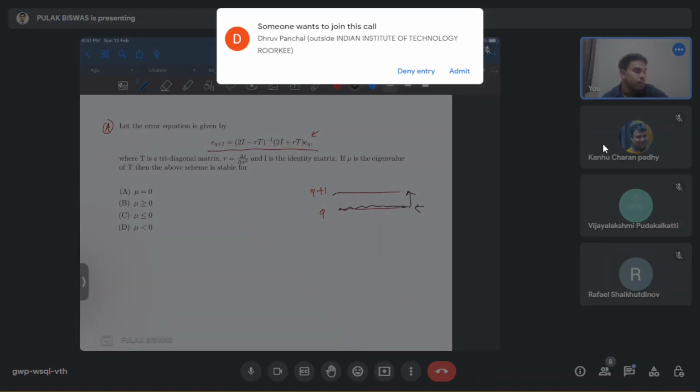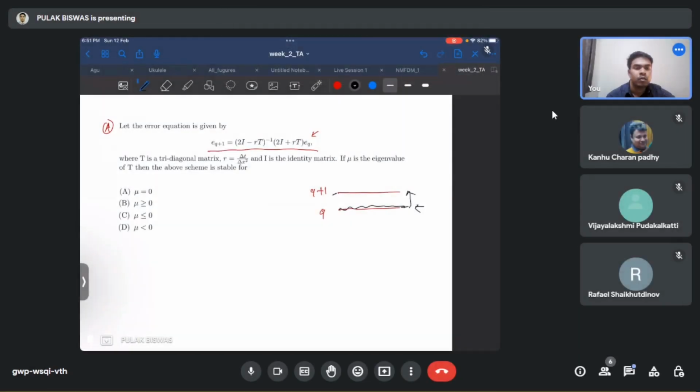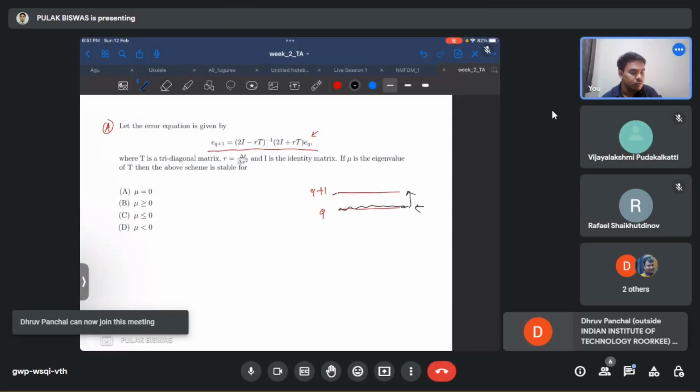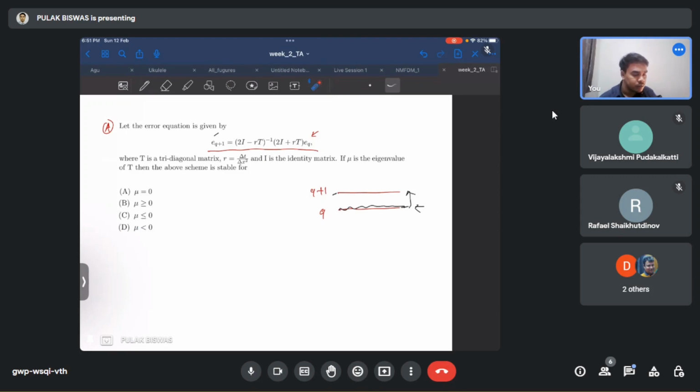At the next level, it is defined like this. And in order to get the answer, this is some matrix that is multiplied to this error at the qth level. So for this the eigenvalue, what is the criteria for eigenvalues?